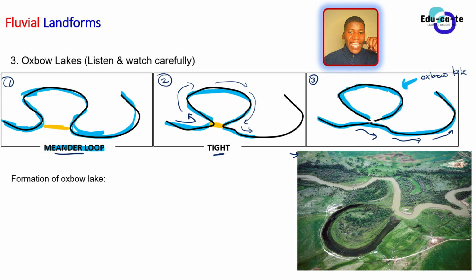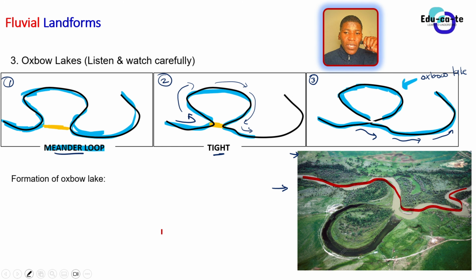So in reality, this is how an oxbow lake looks. You can note down that this is a river here, probably flowing in this direction. And then when you look carefully, there is another section of the river that has been cut off from the river.